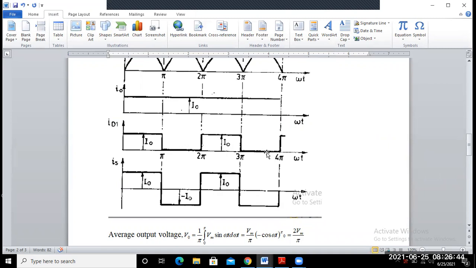So it's very simple: if you analyze this waveform, then you can obtain the average value.